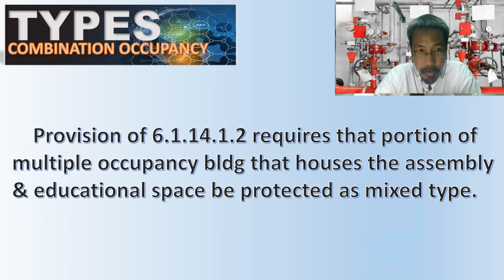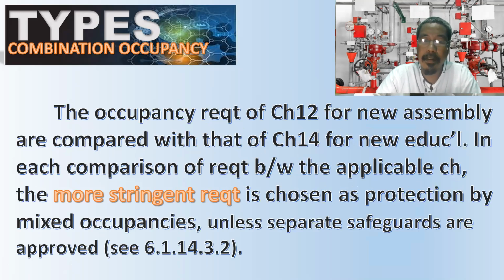And provision of 6.1.14.1.2 requires that portion of the multiple occupancy building that houses the assembly and educational space be protected as mixed type because they are intermingling. The occupancy requirement of Chapter 12 for new assembly are compared with that of Chapter 14 for new educational.